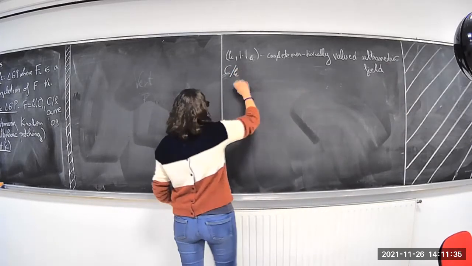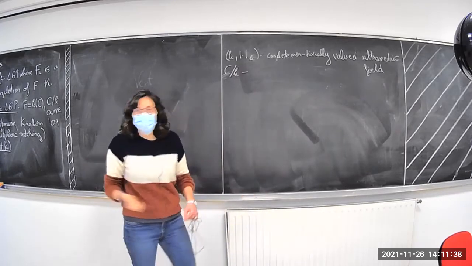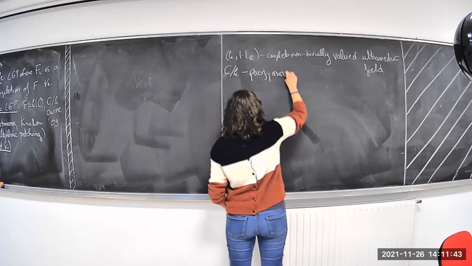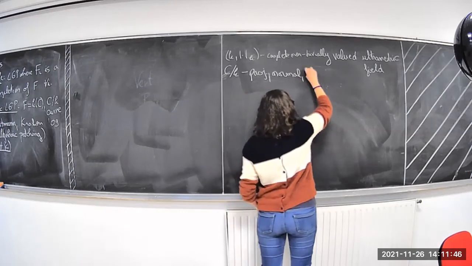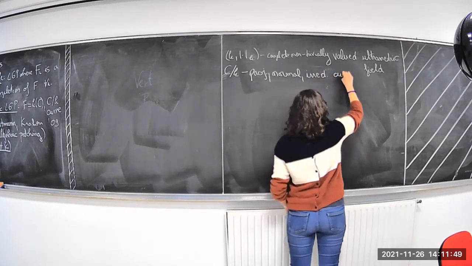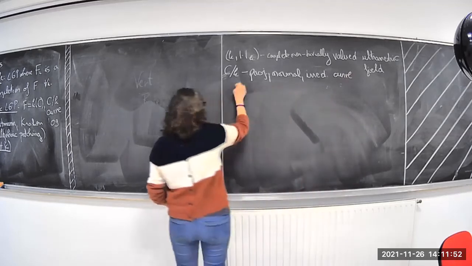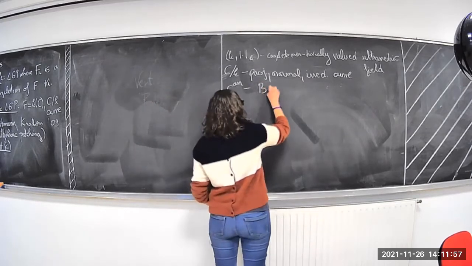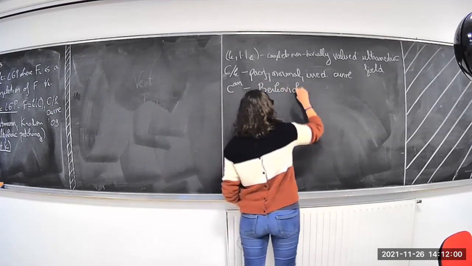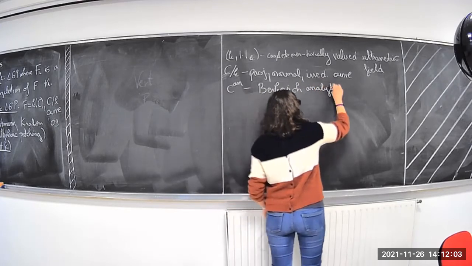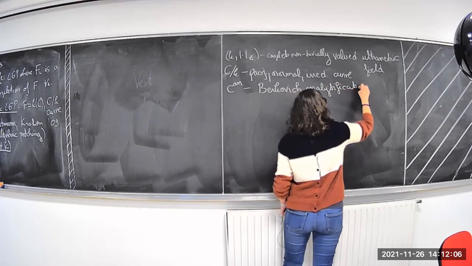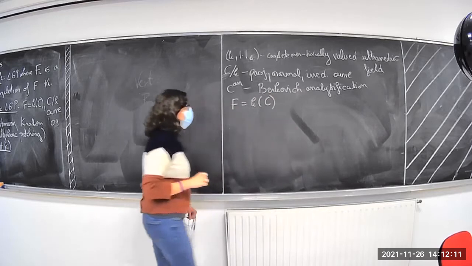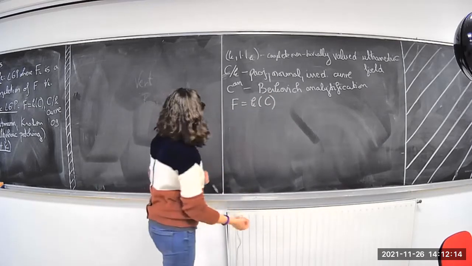So C over K. Now this is a reasonably nice curve, meaning it's going to be a projective, normal, irreducible curve. We're going to denote by C^an, let's say its Berkovich analytic space, and by F, the function field of this curve.